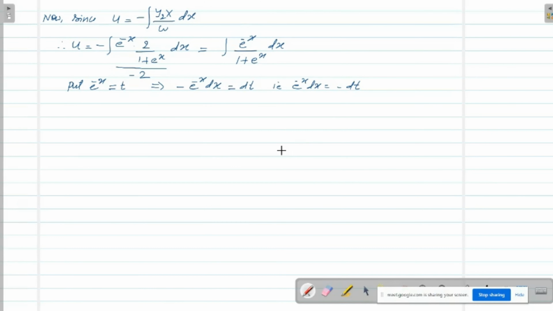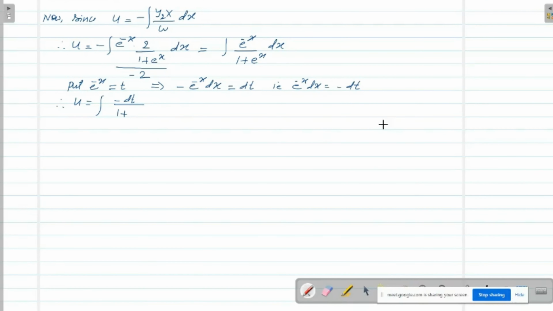Now substitute this value over here. Therefore u equal to integration of negative dt divided by 1 plus e raised to x, but here we have e raised to minus x.